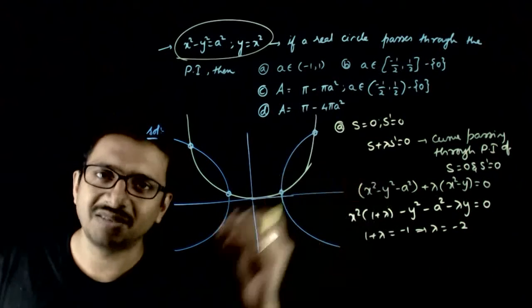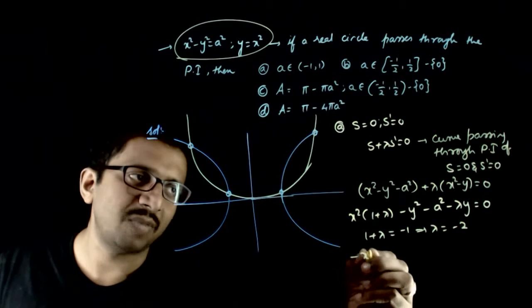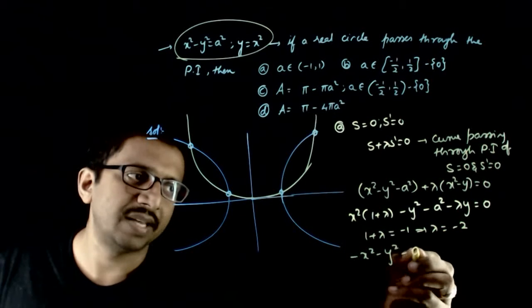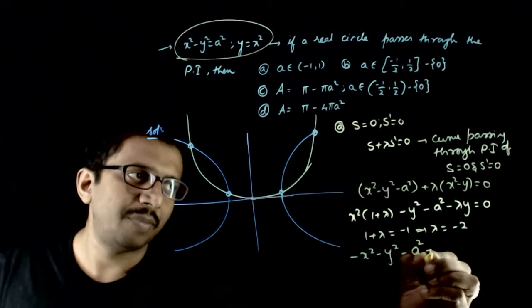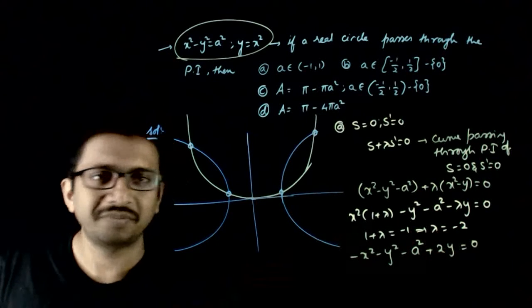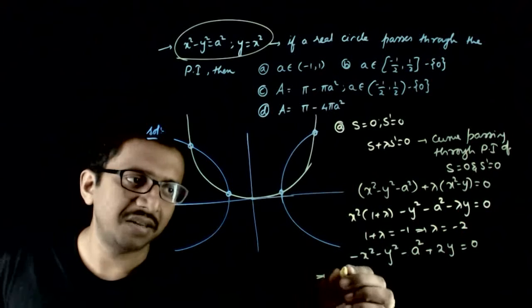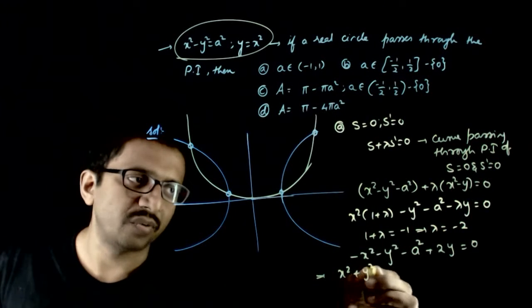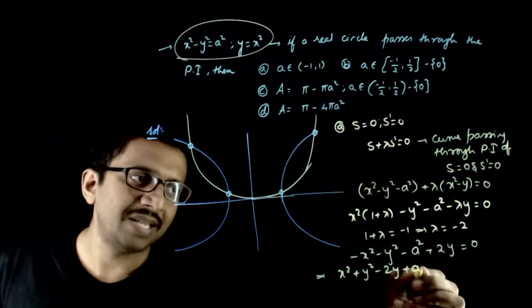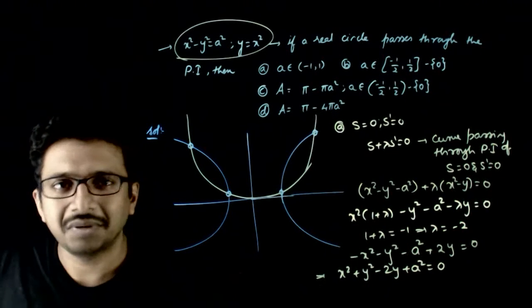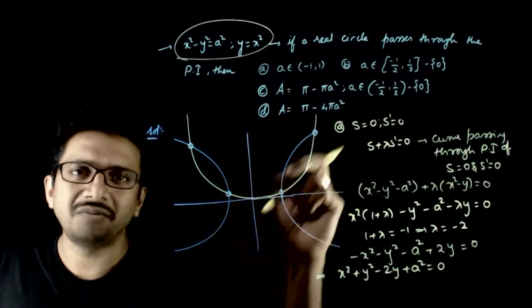Substituting λ = −2, you get −x² − y² − a² + 2y = 0. If you multiply everything by a minus sign, you get x² + y² − 2y + a² = 0. So this is a circle which passes through all the 4 points.